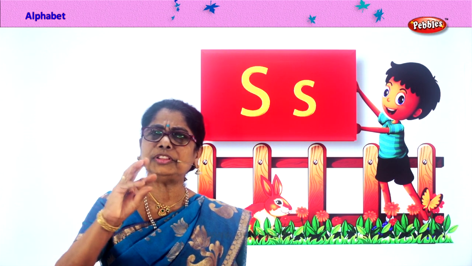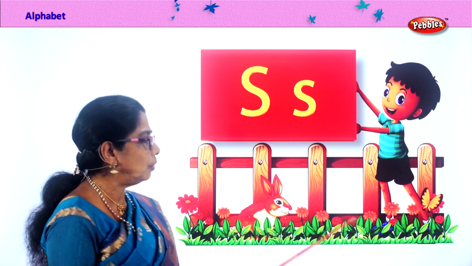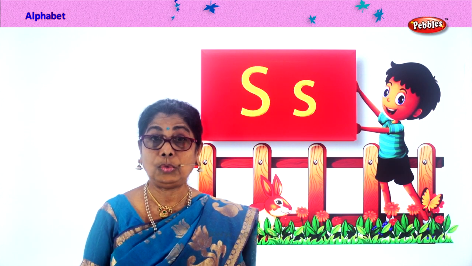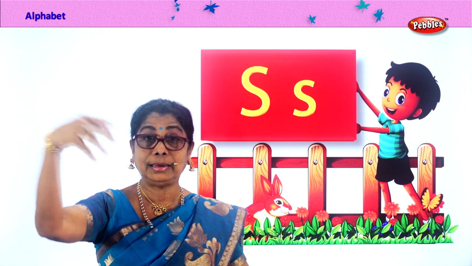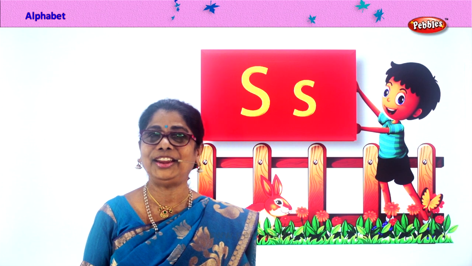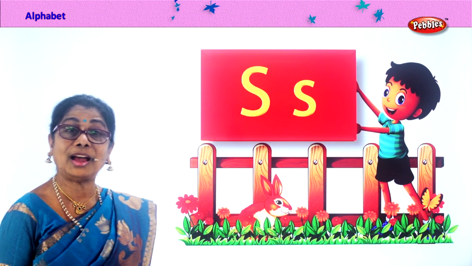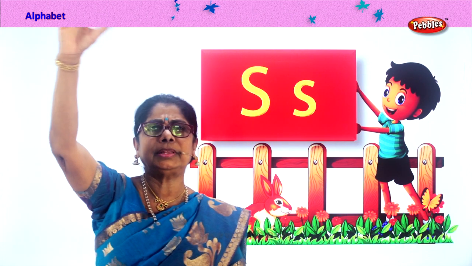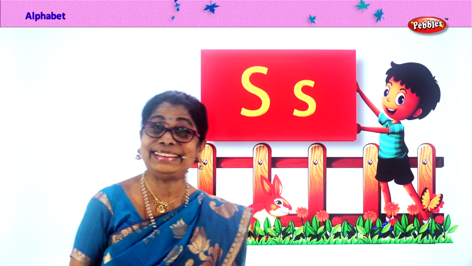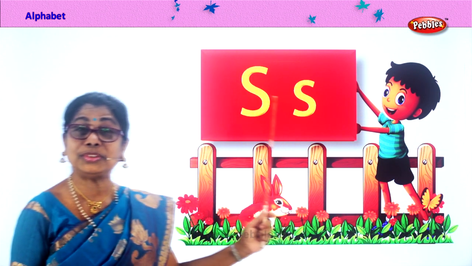What else? With the shell that keeps crawling around. Snail. S for snail. What is the big yellow flower that comes up in your garden? Sunflower. Very good. Who wakes you up, that comes in the sky, bright through your window, into your bed? Sun. Very good.